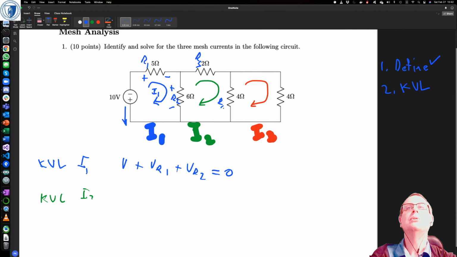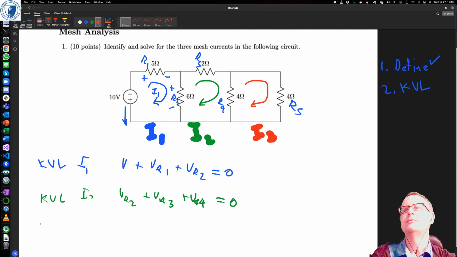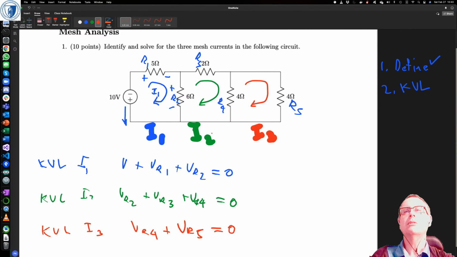Okay, cool. And then for I2, the formula was VR2 plus VR3 plus VR4 equals 0. Looks good to me. And then KVL for I3, that's just VR4 plus VR5. Okay, that looks pretty good.